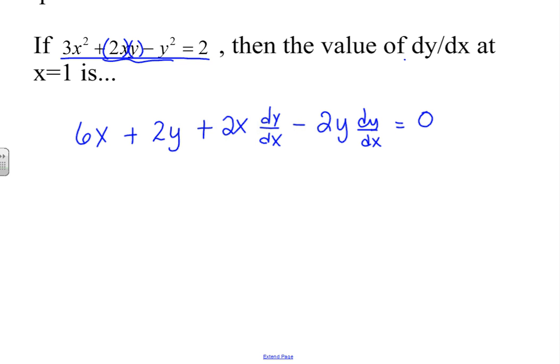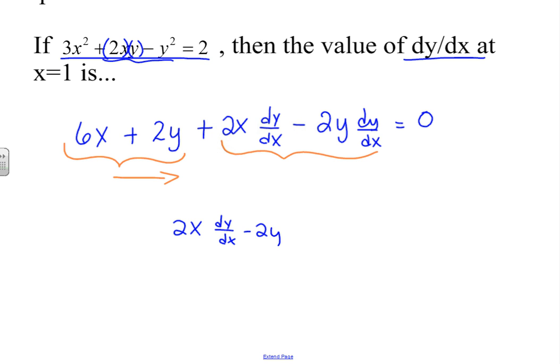What I want is what dy/dx is equal to. So I'm thinking send these two terms to the right, send them over to the other side, keeping these two terms because they have dy/dx right here. So I'm going to have 2x dy/dx minus 2y dy/dx equals, pushing them over is going to give me a negative 6x minus 2y.